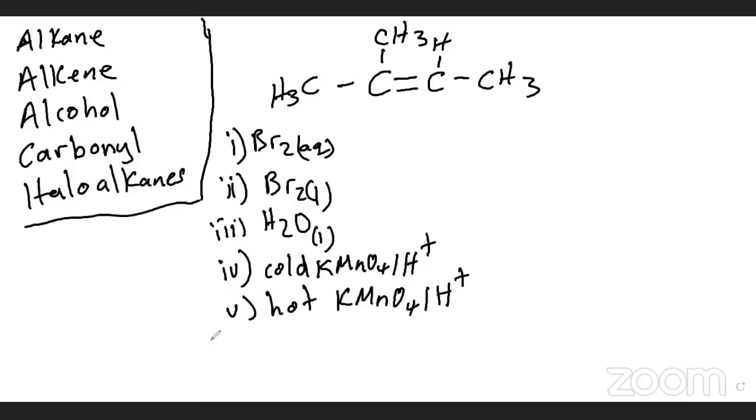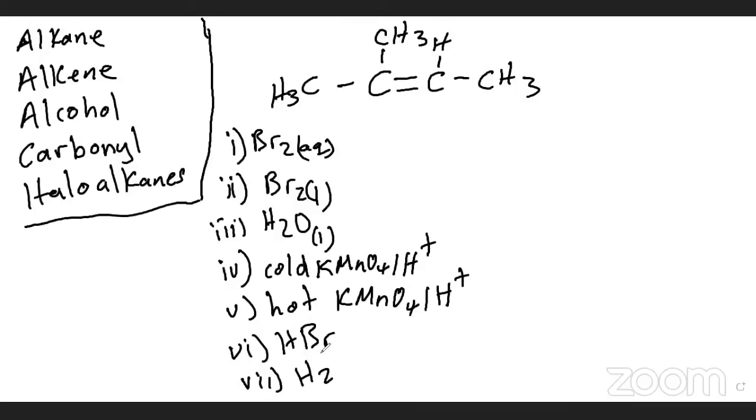We can add HBr as well, and we can add H2. So there are 7 things that we can add to our alkene.